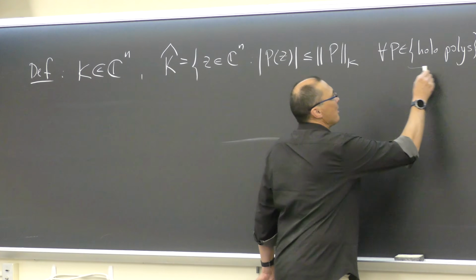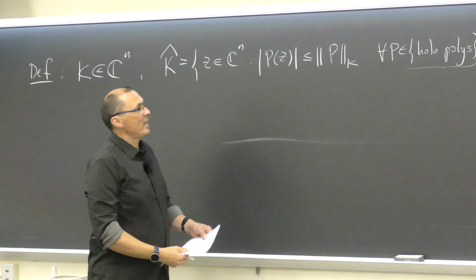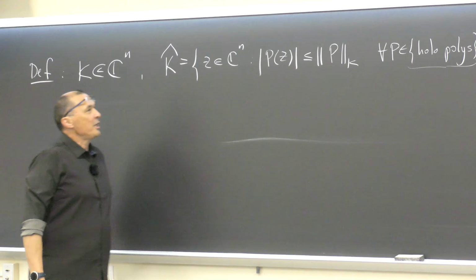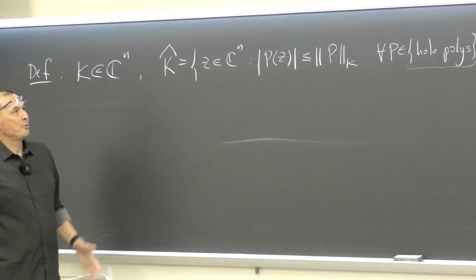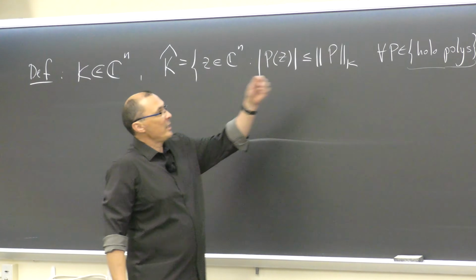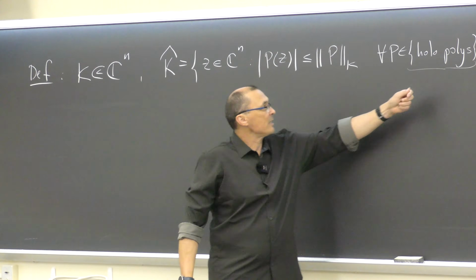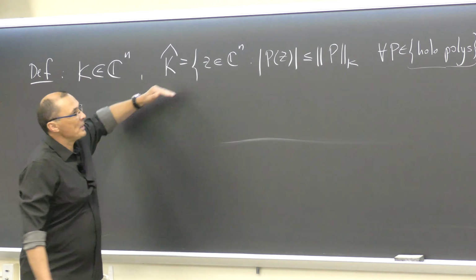Yeah, so the reason why I wrote it this way is that this is a general way to define convexity with respect to a family of functions. So here I chose polynomial convexity, so that gives me the polynomially convex hull.